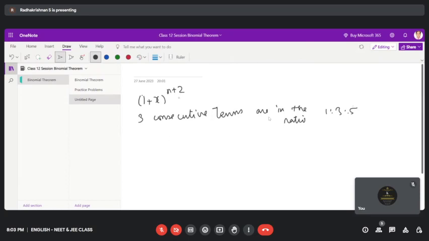Okay, so let us write the expansion for this. 1 plus x whole to the power of n plus 2 is 1 plus n plus 2 c1 x power 1.